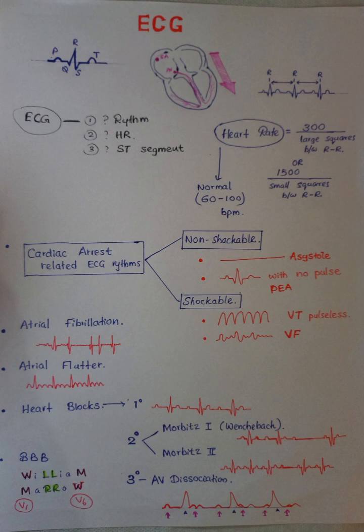Some other important tachyarrhythmias, except ventricular tachycardia and ventricular fibrillation, are atrial fibrillation and atrial flutter. Identification of atrial fibrillation is easy because it has an irregular rhythm with an irregular baseline. Usually it has narrow QRS complexes unless associated with bundle branch block.